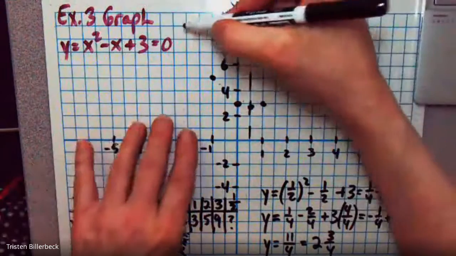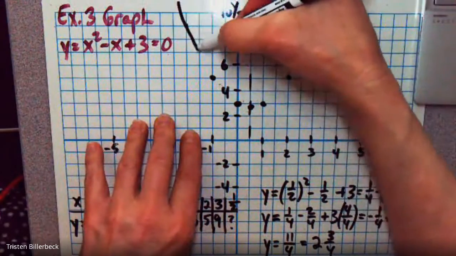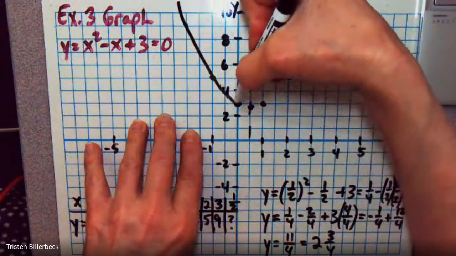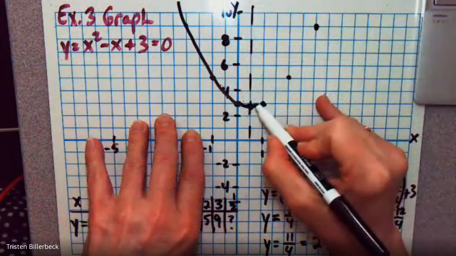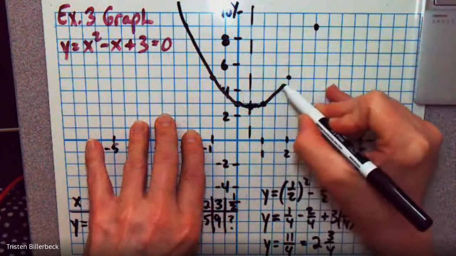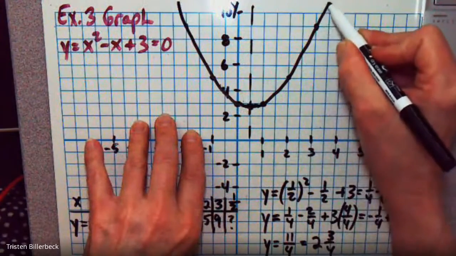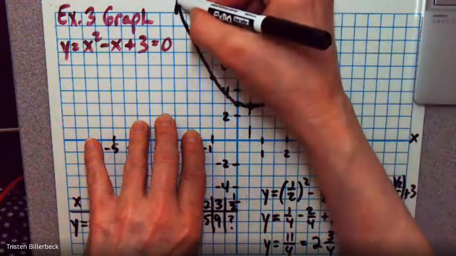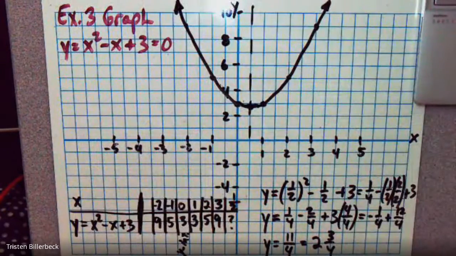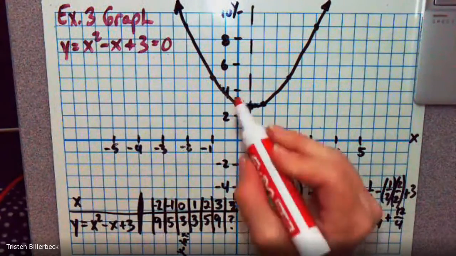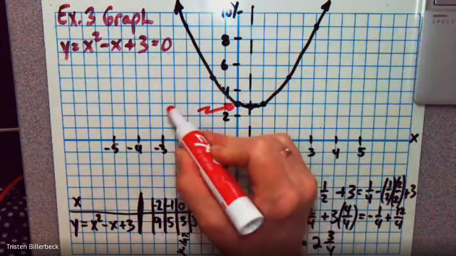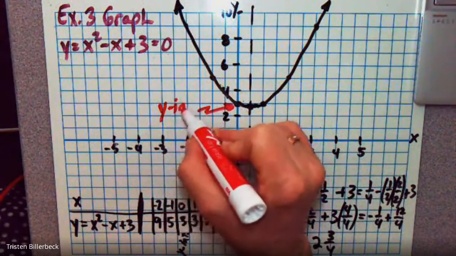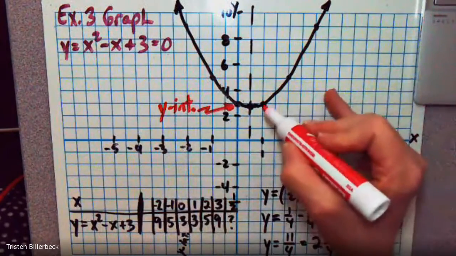Okay, so then we have this coming down like this, making a gentle little curve here right at the vertex, and coming back up like that. Okay, so again we have the y-intercept, I'll just abbreviate that this time.